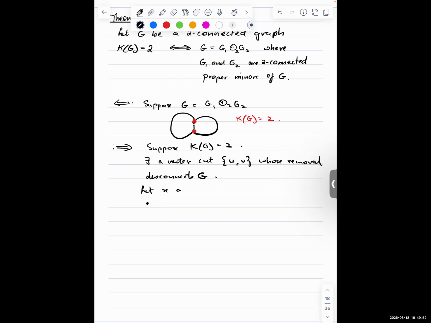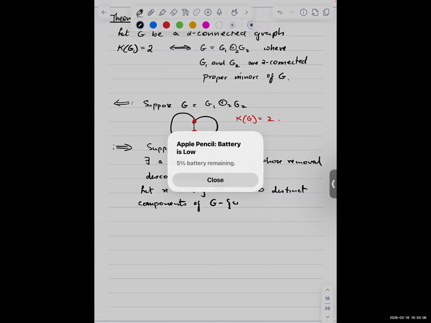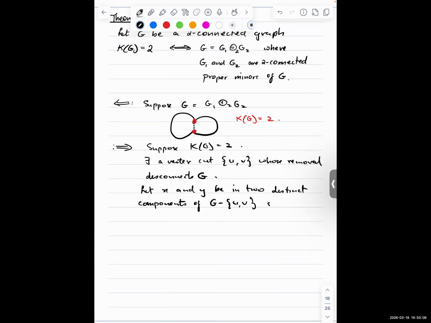Let X and Y be in two distinct components of G minus UV. Say X is in one part, I think I'm calling it T. X is in T and Y is in G minus UV minus T.